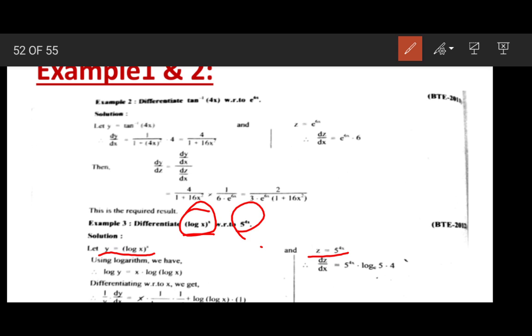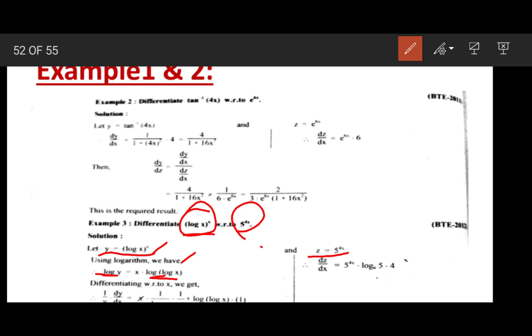This function is function raised to function. Now function raised to function is given, therefore we have to apply the logarithmic differentiation. So for that we take log on both the sides, so we get log y equal to x into log of log x.